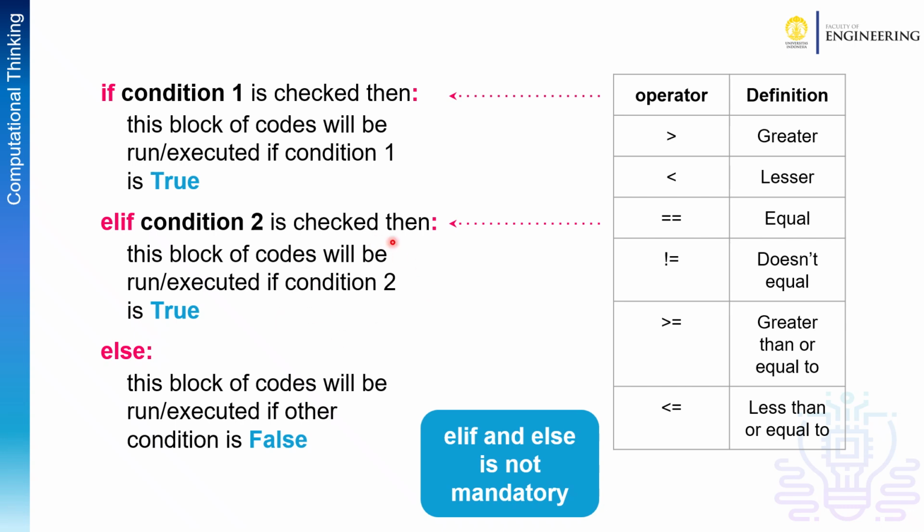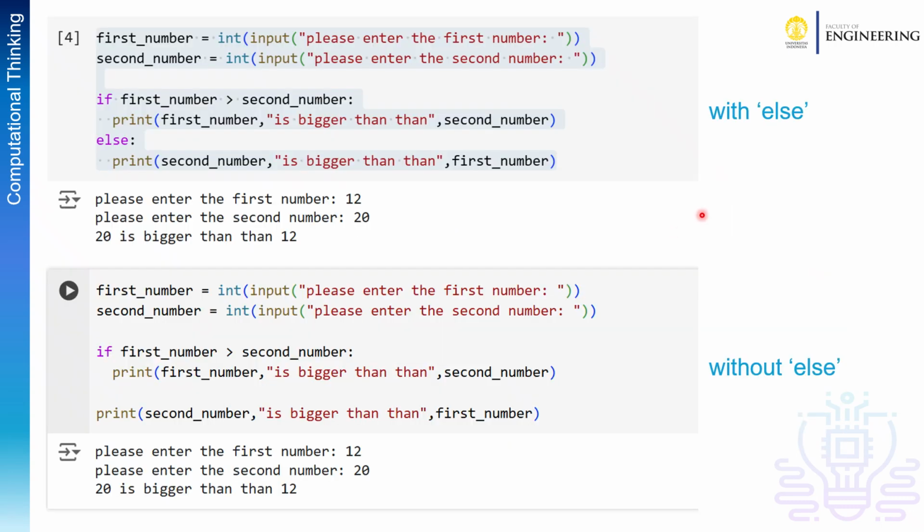To have a clear look at these three conditions, we can see examples inside Python code in Google Colab on the next slide. We already saw the introduction for if, elif, and else, and there is also a statement that else and elif are not mandatory in a code.